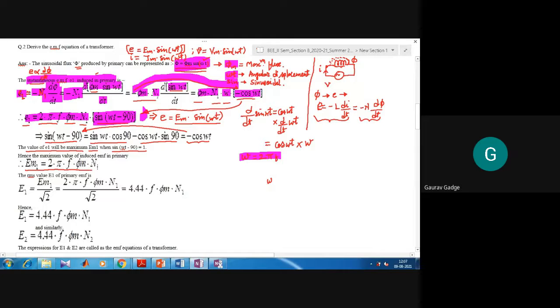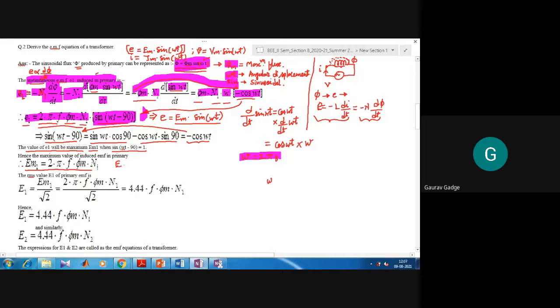So this term that is present here is written here. What is that? Em1 is equal to twice pi f phi m into n1. Okay, but all the values of the voltage and current are in RMS. So convert this Em1 into RMS. So what is that expression?